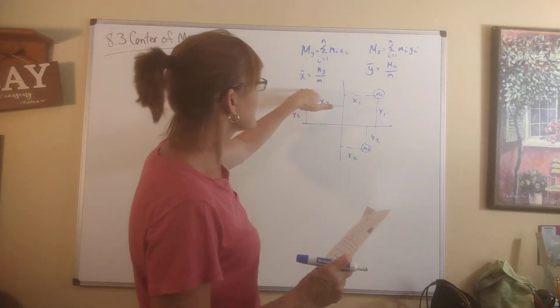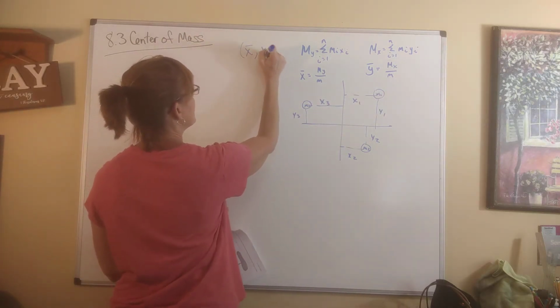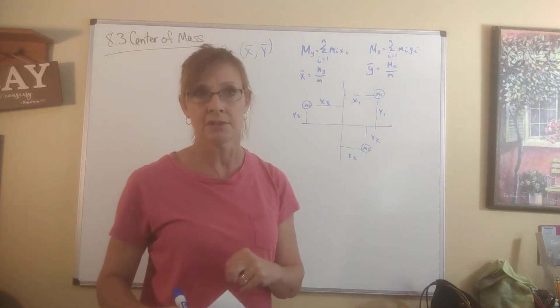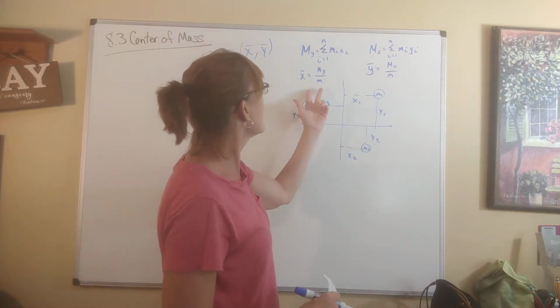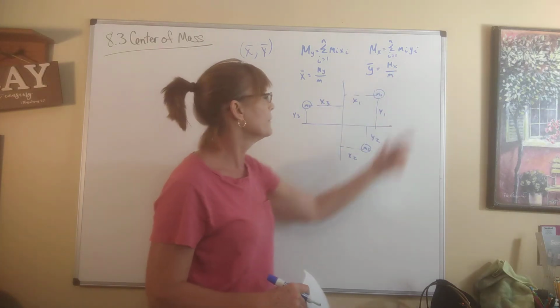So the x bar, y bar is the center of mass. We need 2 points to calculate the center of mass when we have a two-dimensional system going on. So x bar will be m sub y over m, and y bar is m sub x over m.